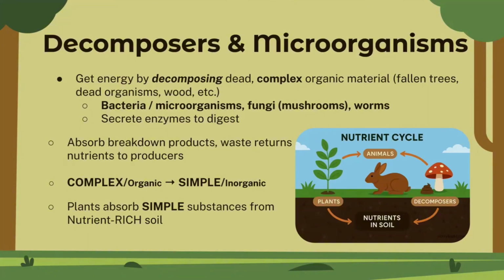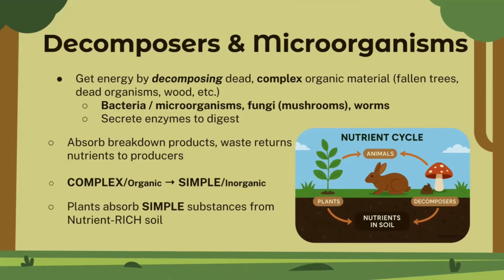This can include anything from bacteria, microorganisms that you can't see, to fungi, to worms, and they recycle everything back for plants to use. They secrete these protein destroyer machines called enzymes to digest and break down that complex organic material. They absorb the energy to function and survive, and they also return some of the nutrients back to the producers.